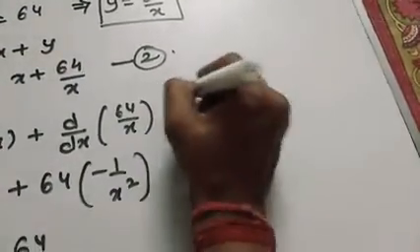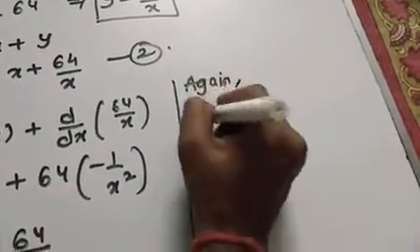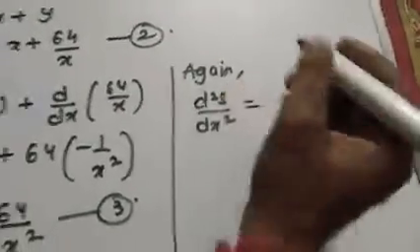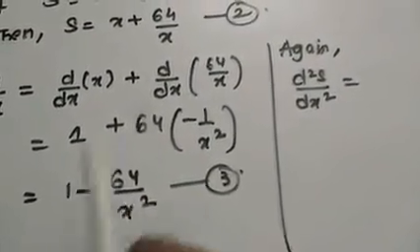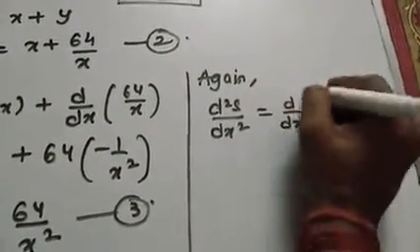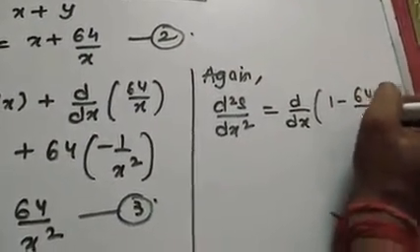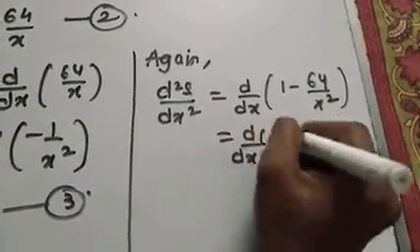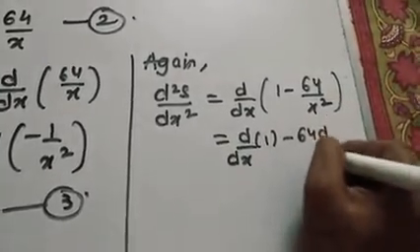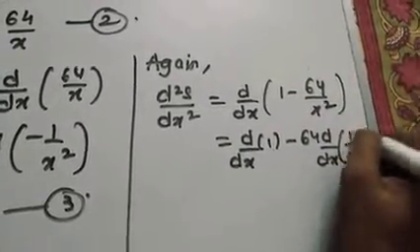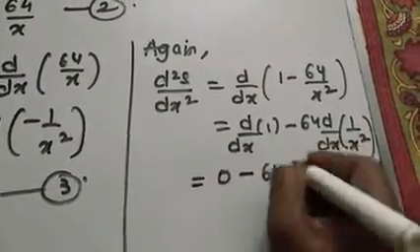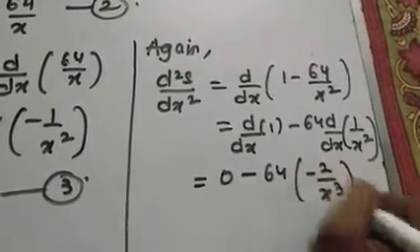So again d2s by dx2, name this expression as 3. So that is differentiating 3 again with respect to x, that is d/dx of 1 minus 64 by x square, that is d/dx of 1 minus 64 is a constant, d/dx of 1 by x square. d/dx of 1 is 0, 64, 1 by x square derivative is minus 2 by x cube.